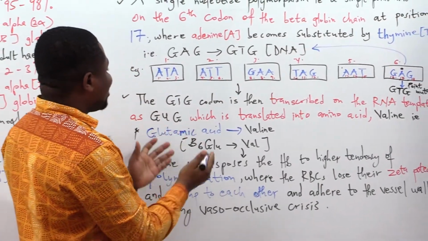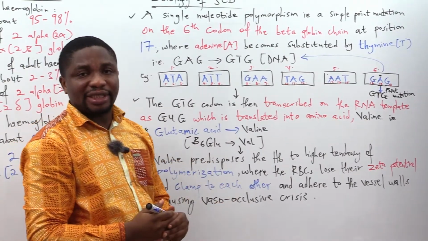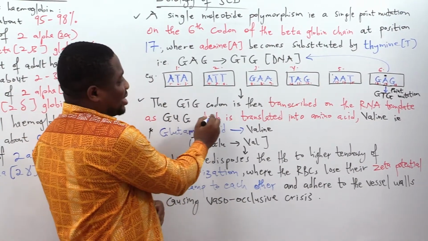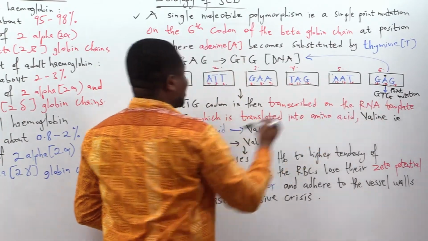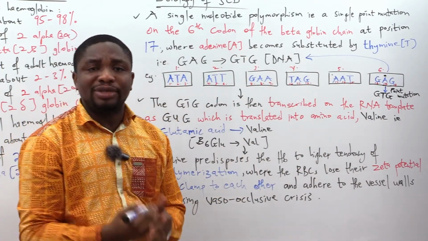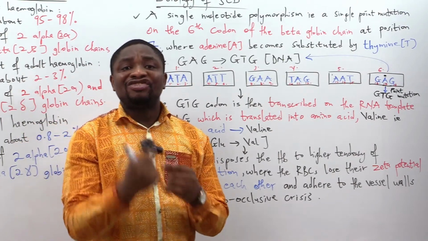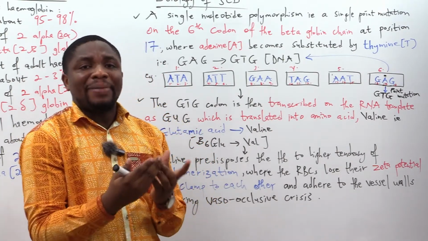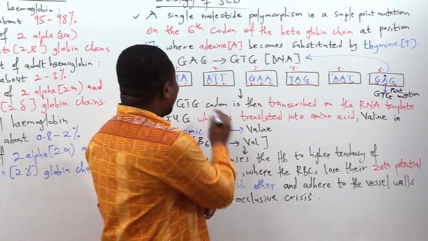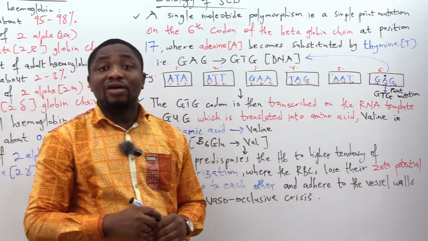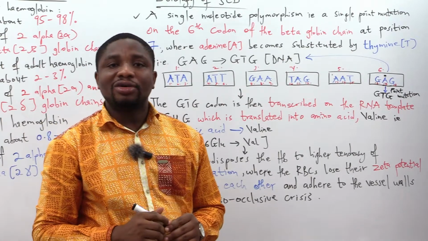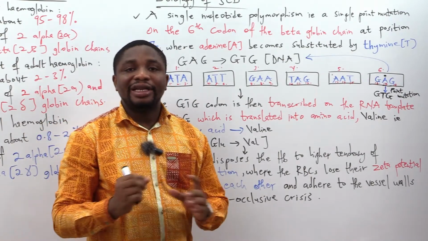Alright, so when that happens, what is the next sequence? The GTG, which we are having here after the point mutation, is then transcribed on the RNA template. You should bear in mind that the T in the GTG will be converted to U, because on an RNA template, there is no thymine.